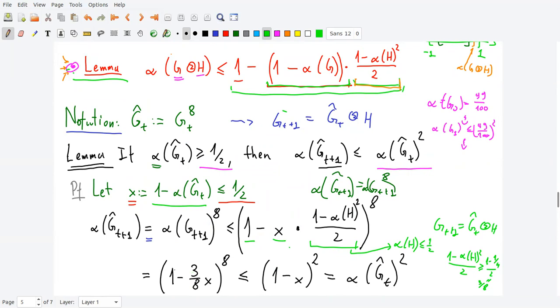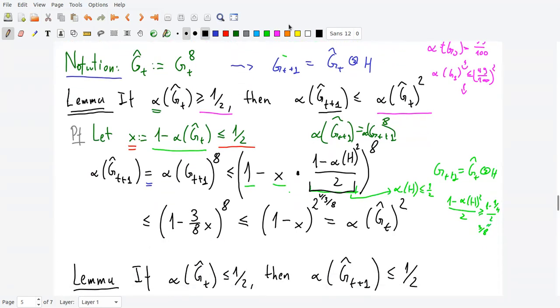So now I know that this is upper bounded by 1 minus 3/8 times x, because this thingy is lower bounded by 3/8. Good. So I've got that this is at most 1 minus 3/8 x to the power 8. And now I need to use a magic inequality that I hope you can also believe me that it is true: if I take 1 minus 3/8 x and take it to the power 4, then this is upper bounded by 1 minus x for x at most half.